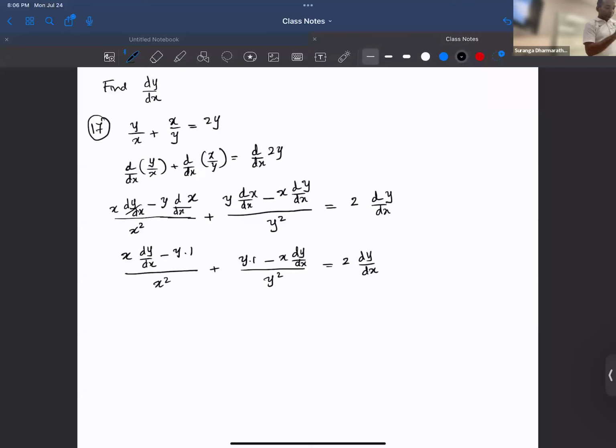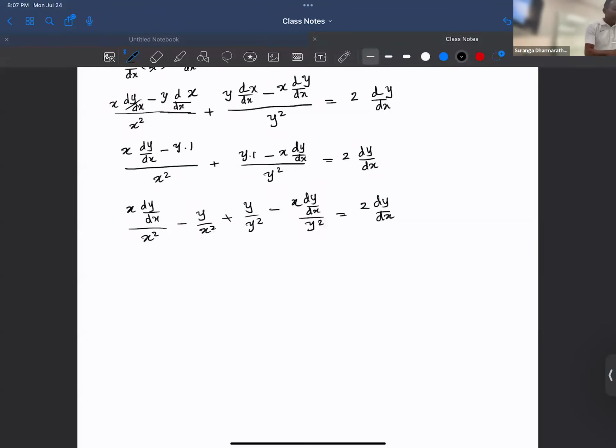So you have x dy over dx over x squared, minus y over x squared, plus y over y squared, minus x times dy over dx over y squared, equals 2 times dy over dx.